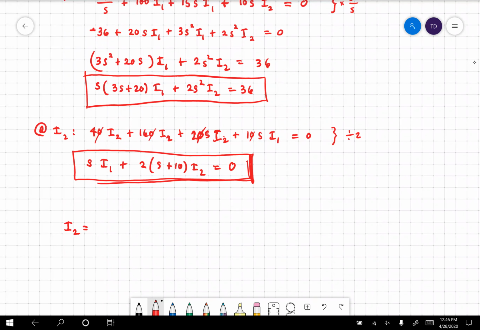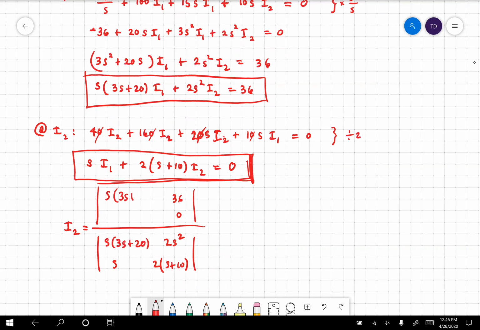I2 equals bloop, bloop, over this. Start with the denominator first, because I always do. S, 3s plus 20. I don't like the looks of that. 2s squared, s twice, s plus 10. Okay, and in the numerator, since we're solving for I2, we replace by 36 and 0 over here.